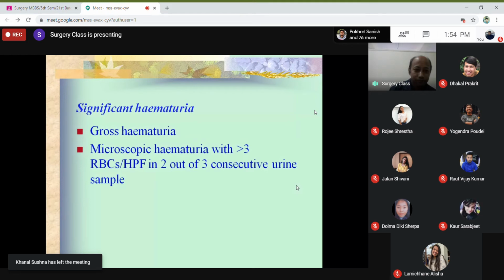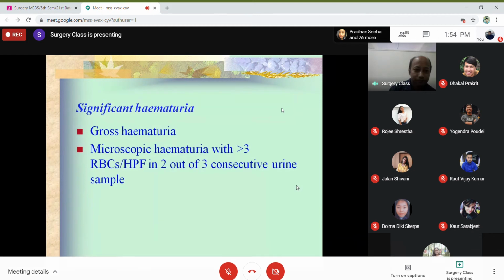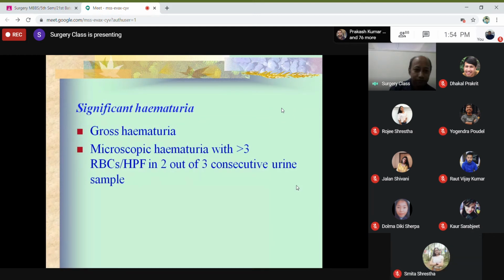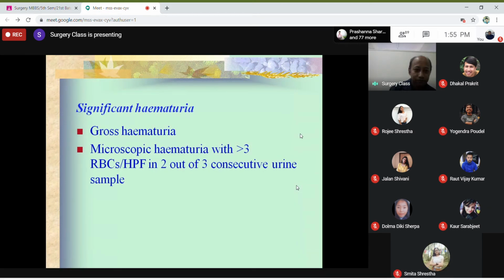If the patient has gross hematuria, that is significant on its own. If on some routine investigation you see RBCs in the urine, and these RBCs are more than 3 per high power field in 2 out of 3 consecutive urine samples, it is regarded as significant microscopic hematuria.